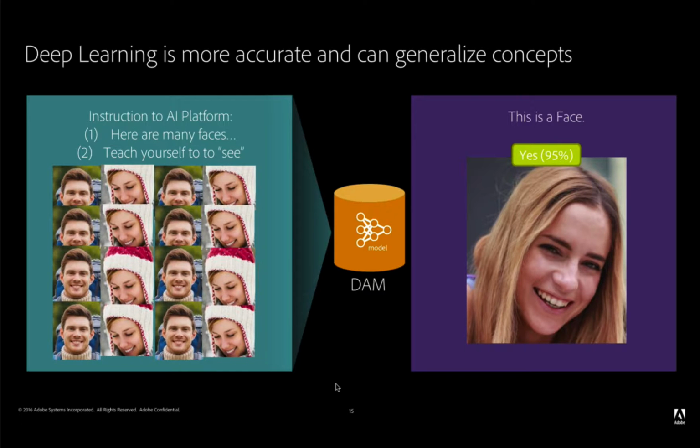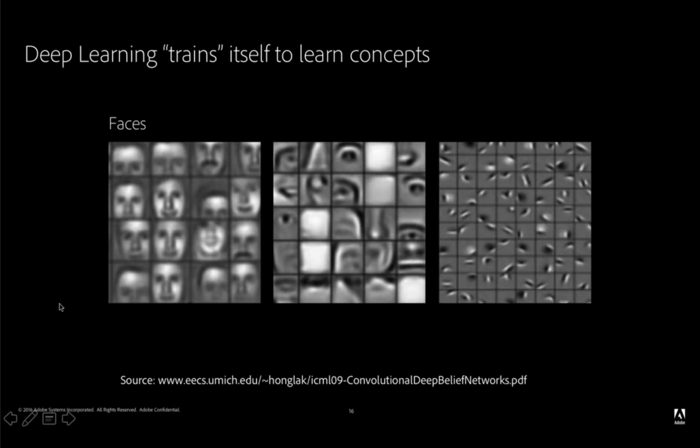And one fun thing I wanted to show you is that you can actually go into a neural network and take a look at what it's looking for. So here, on this next slide, I have a neural network. Here are 3 different cross sections of the network.